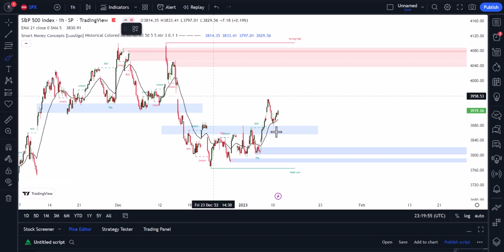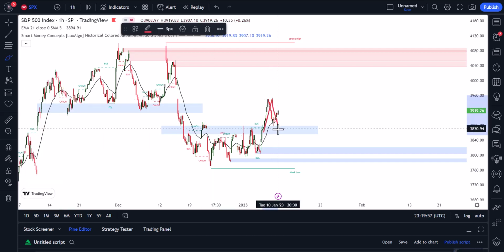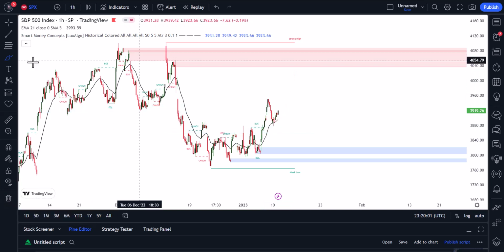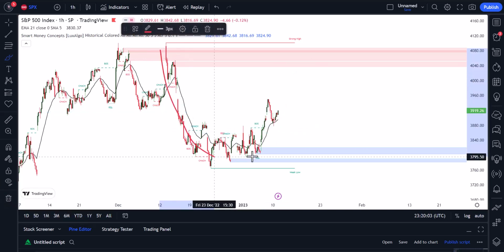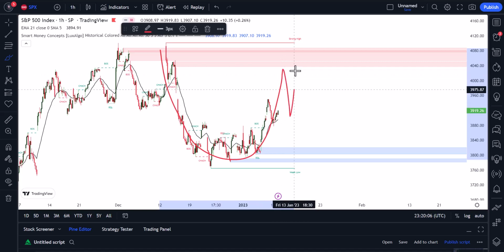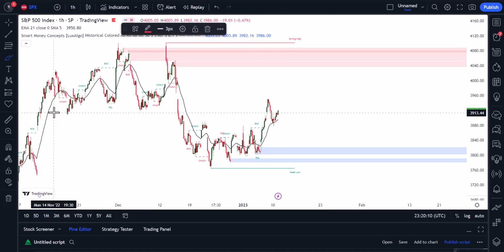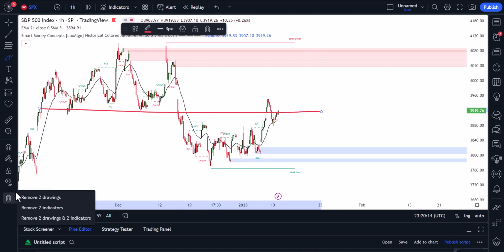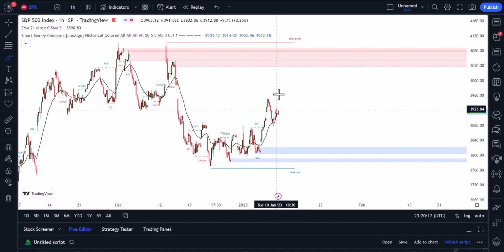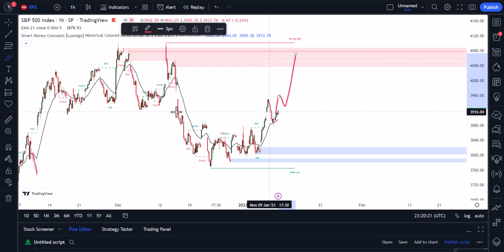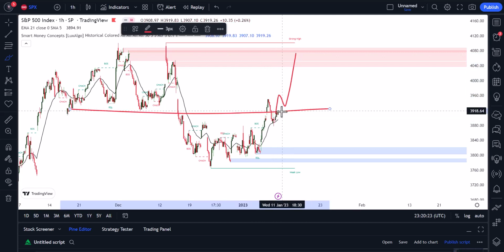It has completed the breakout and the retracement, and it's going up. And we have a kind of cup and handle pattern here as well. This level is strong. You can take buy at this point after its retest, and if it rejects from this level, then you can enter in the sale.